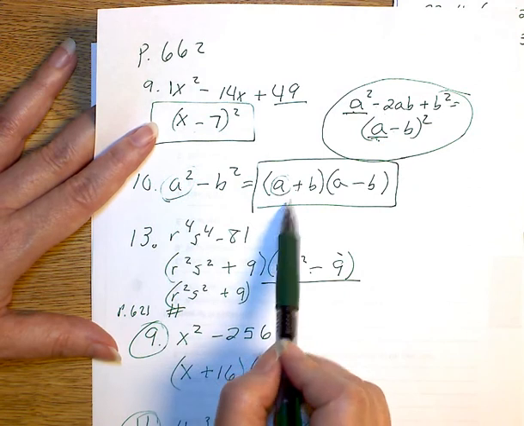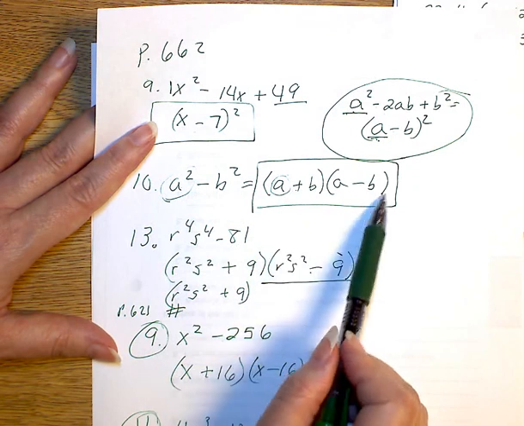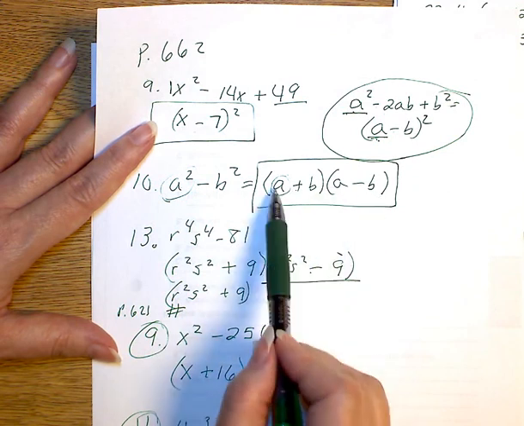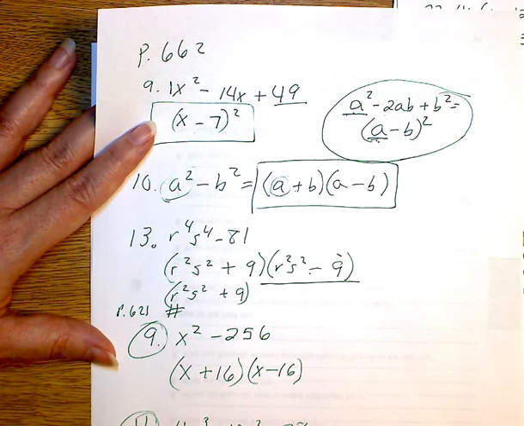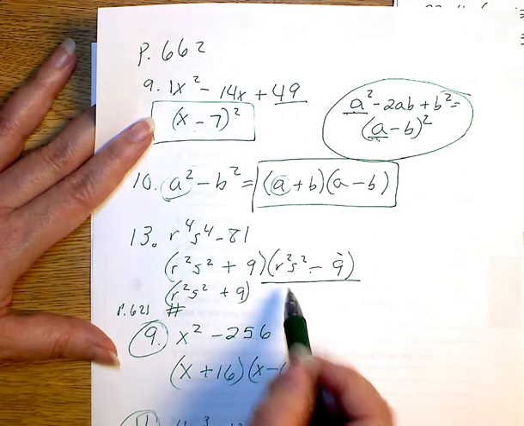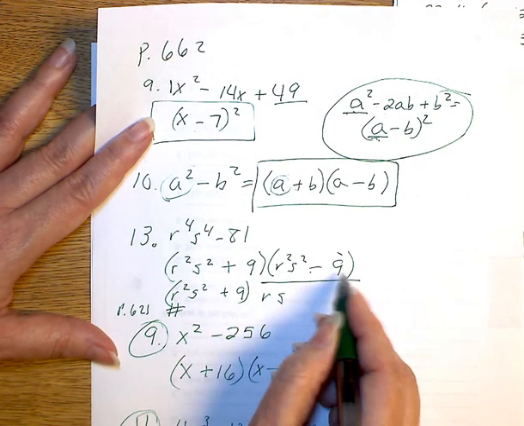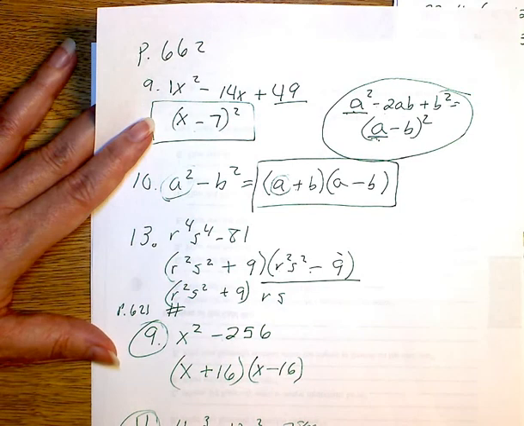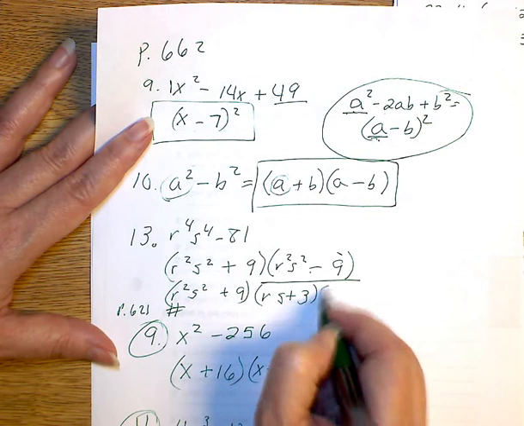We have to end up with two terms multiplied together, one being positive, one being negative, right? How do I get what A and B are? Yep, square root it. So r squared, s squared, square root would be rs. And then I have to take the square root of 9, which gives me 3, one plus, and one minus.